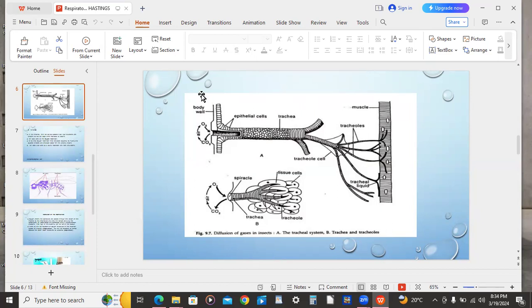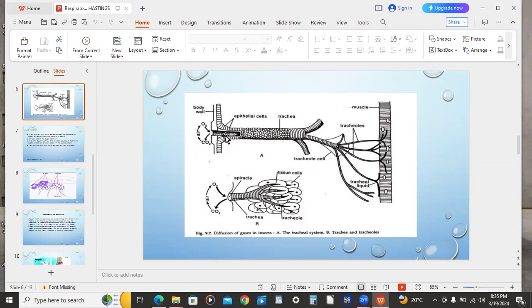Air is a combination of gases, and oxygen is one of those gases. So it is automatic that outside the body of an insect, there must be a high concentration of air. So oxygen enters the body of an insect through these small openings called the spiracles.